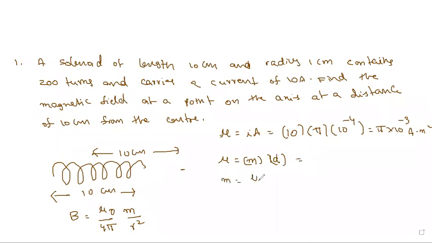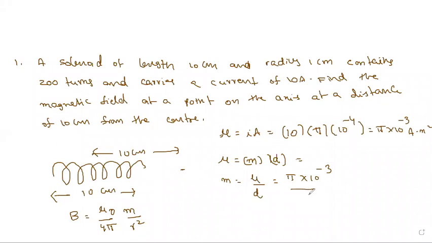You can write it as m equal to mu by d. What is mu given here? Mu is pi into 10 power minus 3 we got. The d value also you have to calculate here, that means the length of the magnet.